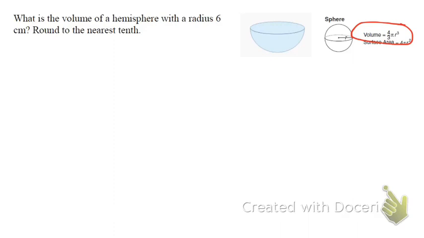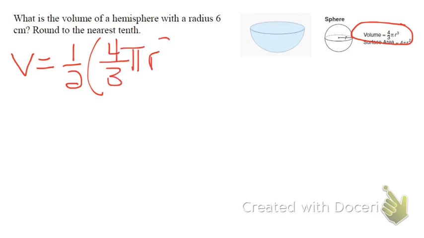For a hemisphere, I'm going to write the volume will be half of that formula, 4/3 pi r cubed. Now I can simplify that before getting even bogged down by the rest of the problem, and I can even write down my simplified formula will represent the formula for the volume of a hemisphere.